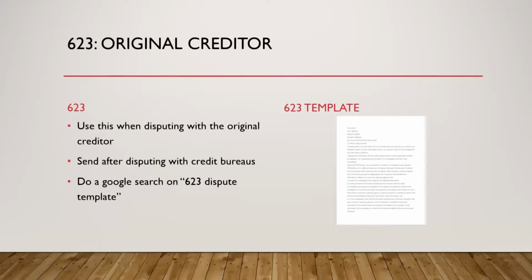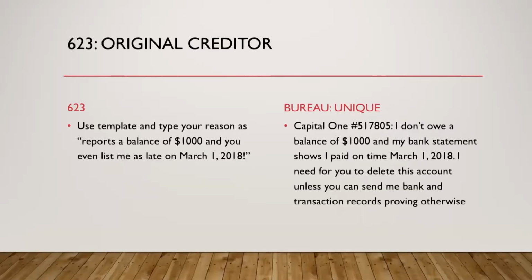So I'm going to show you the difference when using 623 versus a bureau unique dispute. The 623 is a template, and you're going to type your reason, because it's a copy and paste type of thing, and you're just going to fill in the information that pertains to you. It'll say, brackets, put your reason here. Your reason, as an example, would be: reports a balance of 1,000, and you even list me as late on March 1st, 2018.